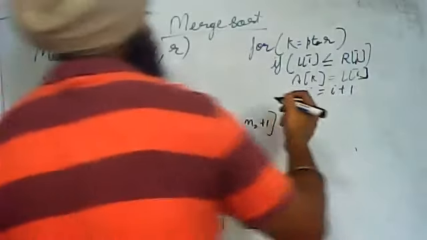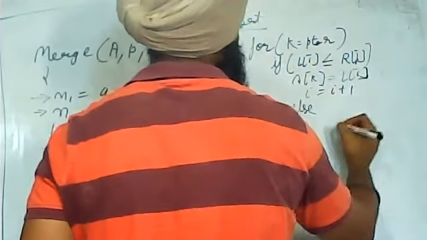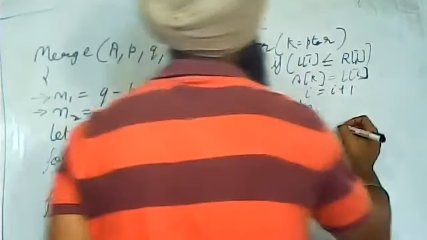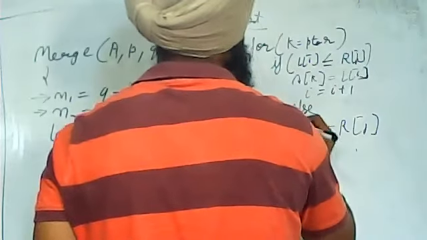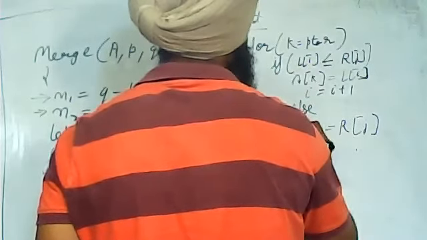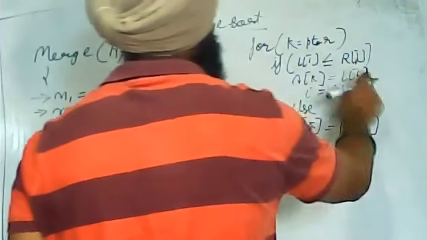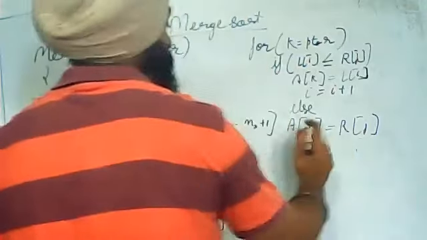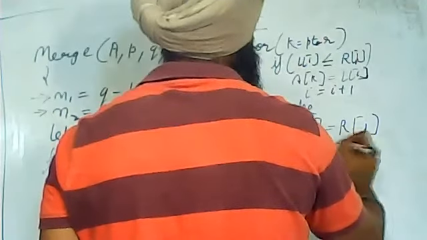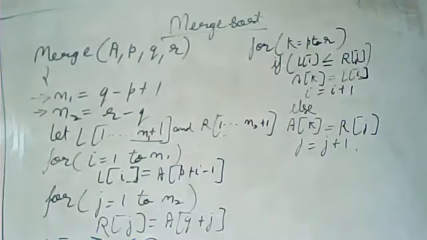Then else, I should copy the right element from the right sub array to this. If the left one is smaller, then left will get copied. If the right one is smaller, the right one will get copied, and J will get incremented in this case. So this is our merge procedure.